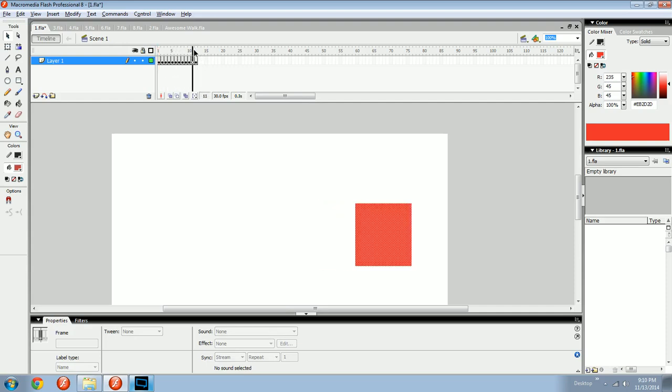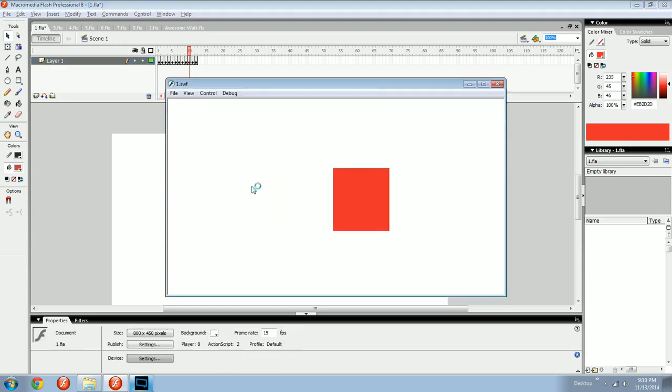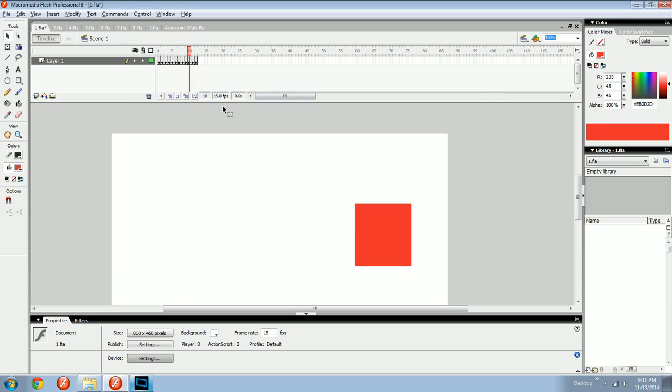But say I was animating at 15 frames per second. Well, it would look like this. Slower. It's about almost exactly half as fast. But I don't have to change my FPS anytime I want. Animating is hard.